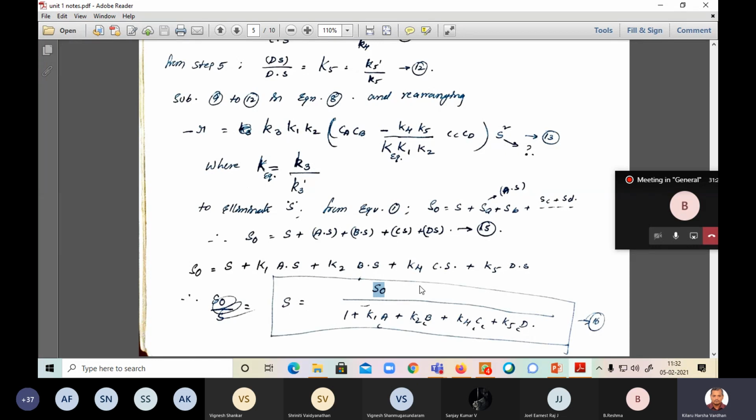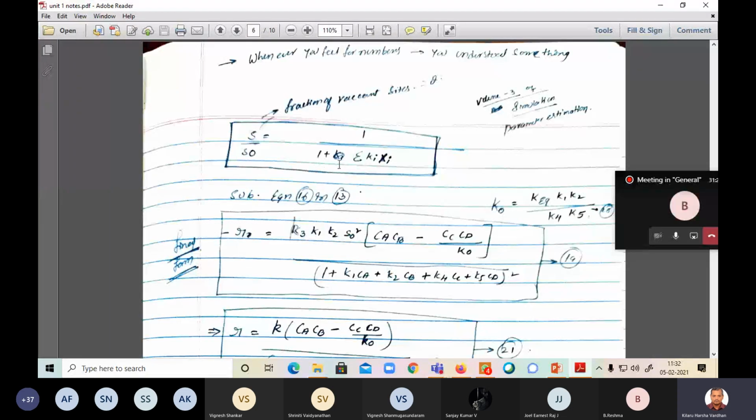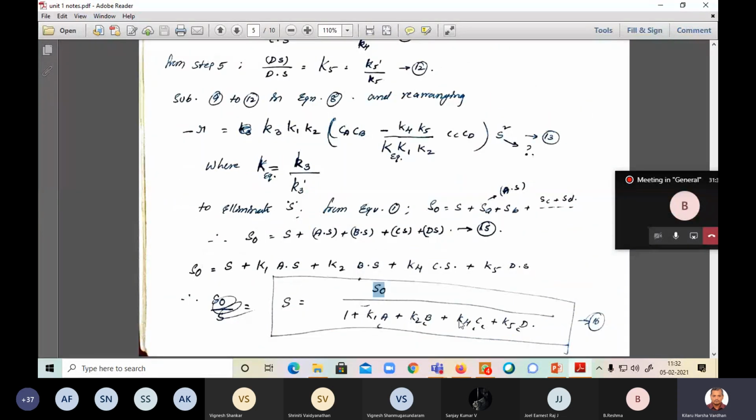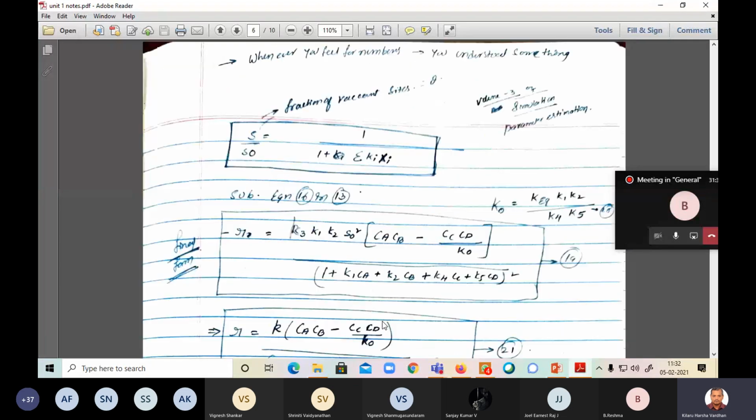S by S naught is nothing but 1 divided by 1 plus all these terms, which we can write as sigma Ki Xi. So this is the fraction of vacant sites. S by S naught is nothing but the fraction of vacant sites, that is theta.